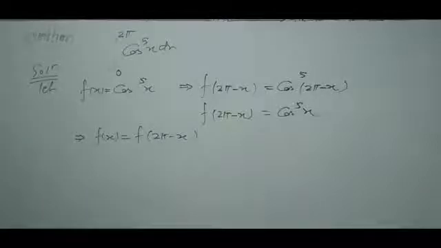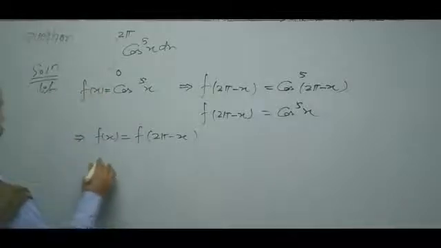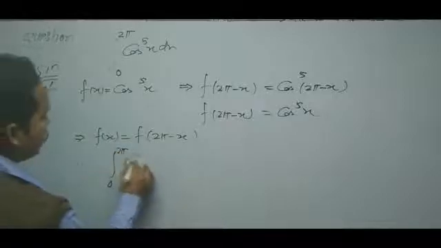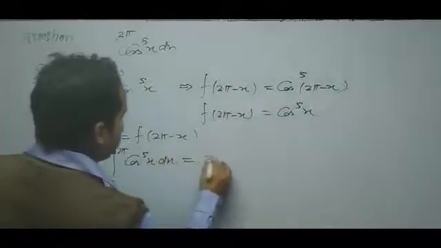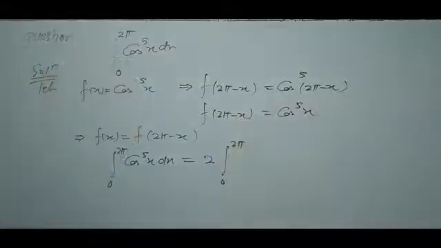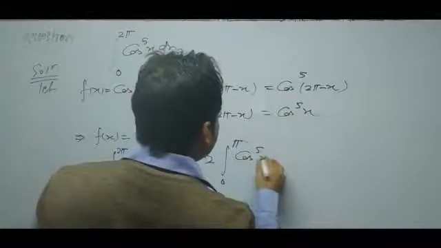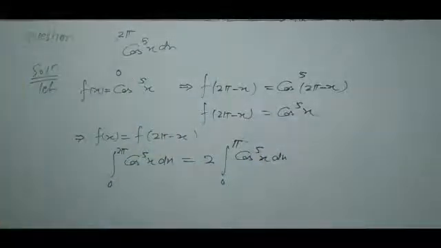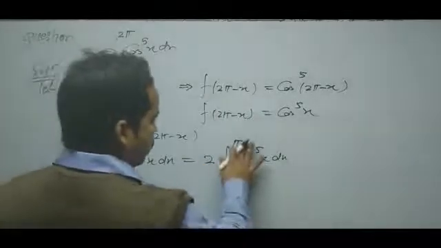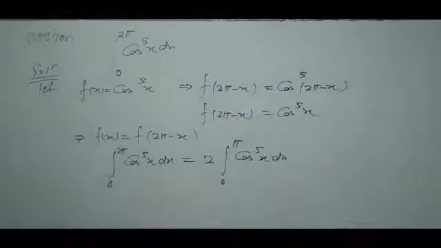So which property can we use? Therefore the integration over 0 to 2 pi of cos to the power 5 x dx, we can write as 2 times the integration over 0 to pi, not 2 pi, of cos to the power 5 x dx. And for this expression, by using the formula, when you put minus x in place of x, you get minus f(x).